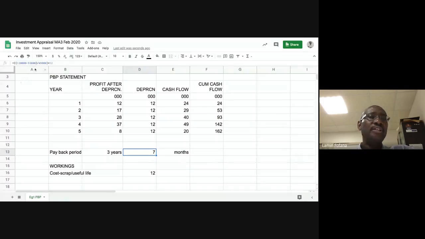All that is divided by the cash flow for year 4, which is 49,000, because we want to get a proportion of the cash flow of year 4. So deducting 93,000 from 120,000 gives you the element that you need in year 4.